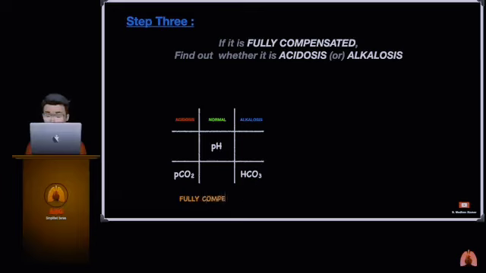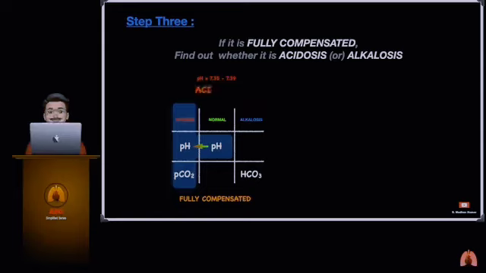It is called fully compensated. Now when we have a value like this, if the pH range is in between 7.35 to 7.39, then the pH is leaning towards acidosis, so it can be considered as a fully compensated acidosis.